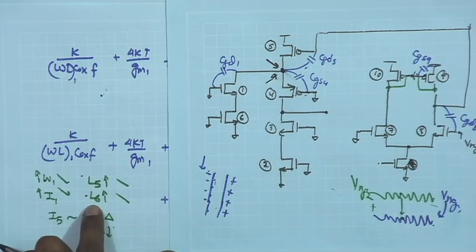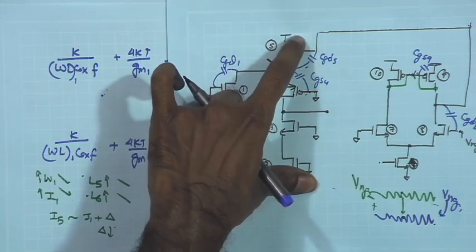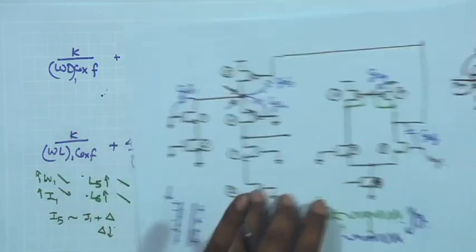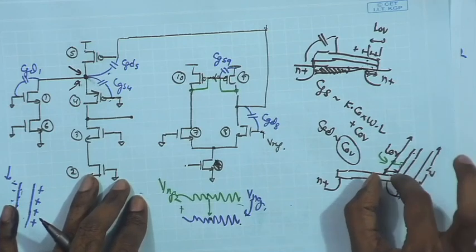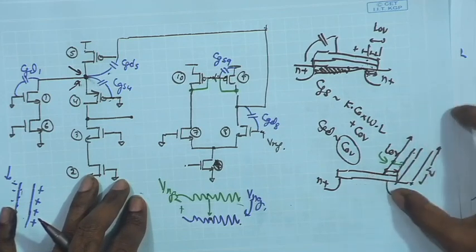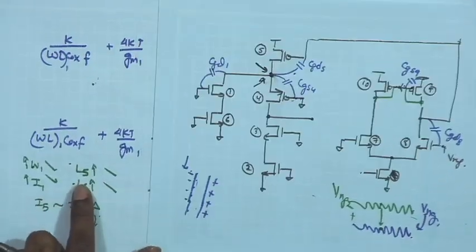Larger L5 and L6, as I said, is not going to increase CGD5 significantly, because CGD5 depends upon the overlap capacitance. So, the CGD is dependent upon the L overlap, which is the constant parameter for a given technology, times W. Therefore, it does not increase when we apply larger L5 or larger L2.